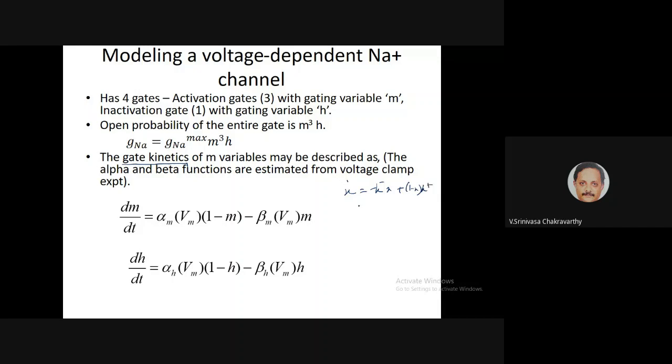We originally wrote this for x, which is the fraction of open channels. Now we are writing it for single gates, and using this equation we describe the probability of open gates. Therefore, m is called the gating variable.